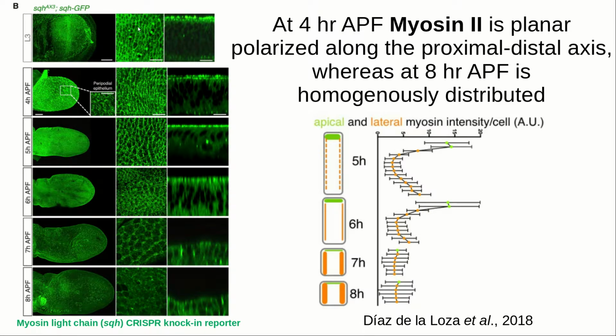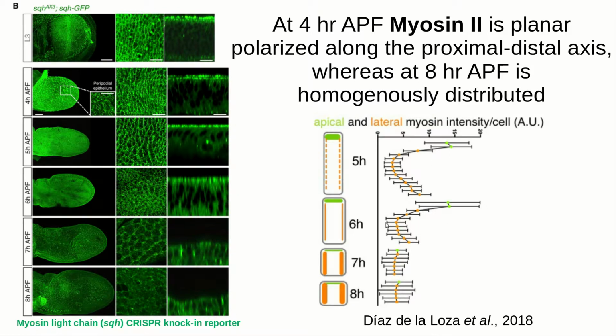As you can see here in the central places, myosin 2 is located mostly at these anterior-posterior junctions, and in the apical side, and slowly it becomes located in the lateral side of the cells, and it is not polarized anymore when you look at the wing from the frontal view.